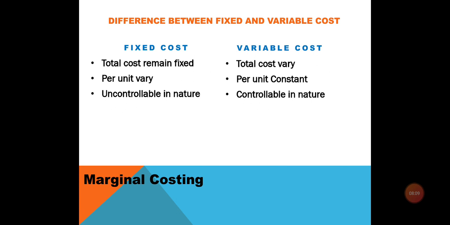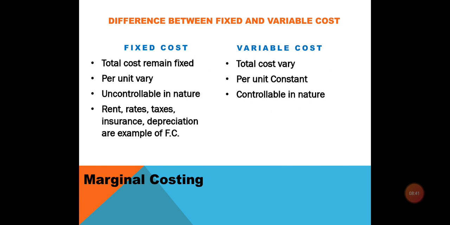If we are not going to produce anything, there will be zero variable cost. But irrespective of the production, we have to pay the rent, rates, and for the machinery, the decided charges, and that's why fixed cost is uncontrollable in nature and variable cost is controllable in nature.